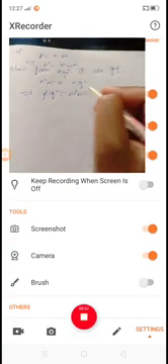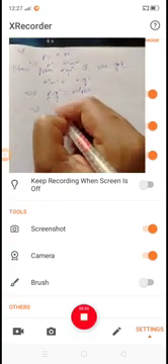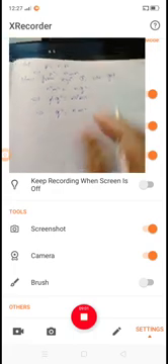One n cancels out, that is, q square is equal to n into m square.